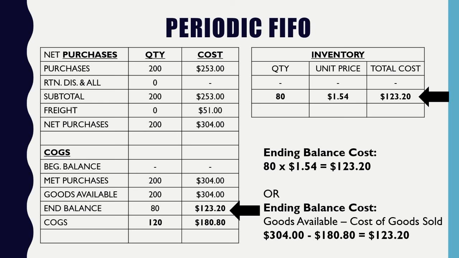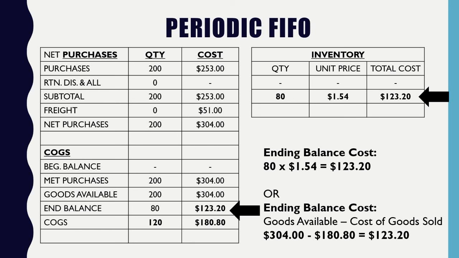Now, there are shortcuts to this as well. If you took the alternative way of doing this, since you already know that you have your ending inventory as 80, right? So scenario 1 is we took in our cost of goods sold, we calculated it down to its 120 items, right?